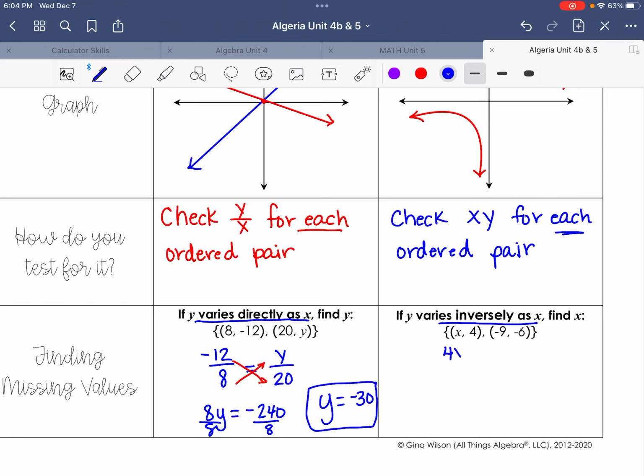So I multiply 4 times x, and that has to be equal to negative 9 times negative 6. And 4 times x has to be equal to positive 54. Divide both sides by 4, and you get an x value of 13.5. And yes, it's okay to get a decimal. Don't get them all the time, but it is okay to have a decimal in your answer choice.